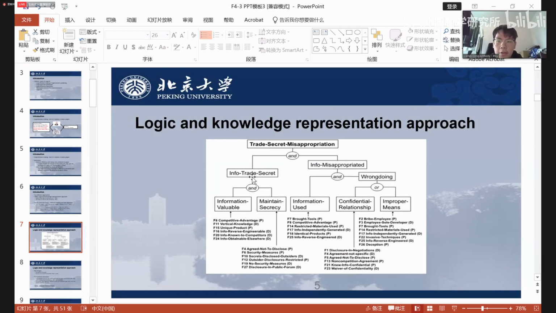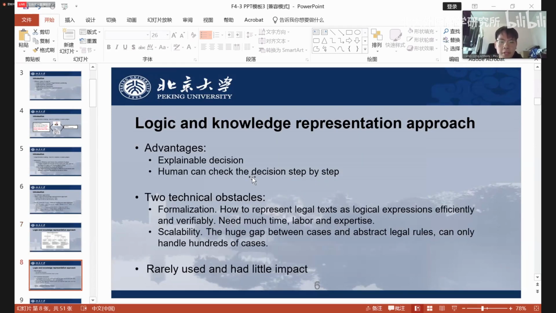But this application is very limited because it has two technical obstacles. The first one is formalization. Formalization means how to transform legal rules and legal articles into a logical representation efficiently and verifiably.